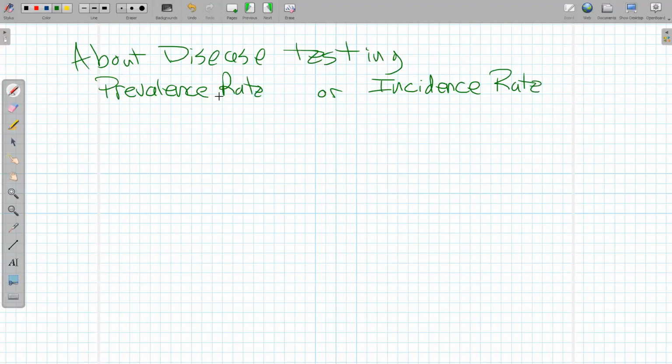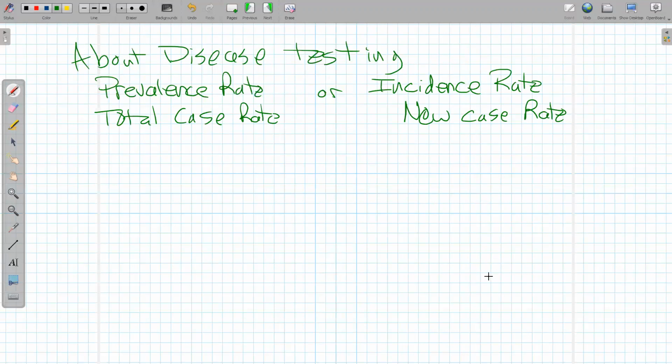So prevalence is how many total cases are going on in the population. So total case rate. Versus incidence is only the new cases in some time period. New case rate.